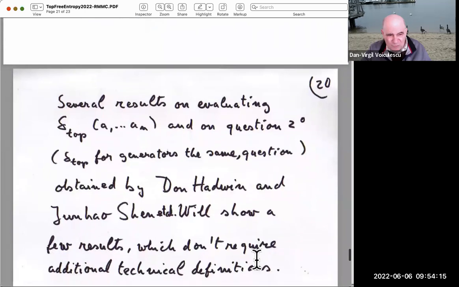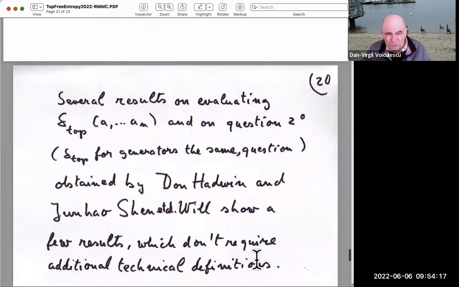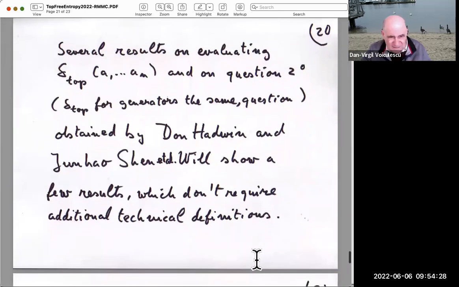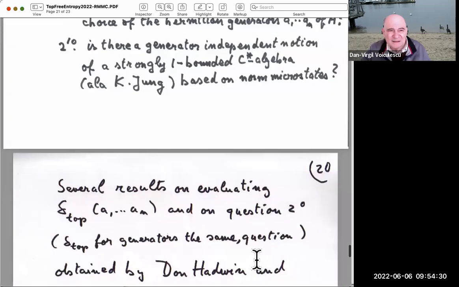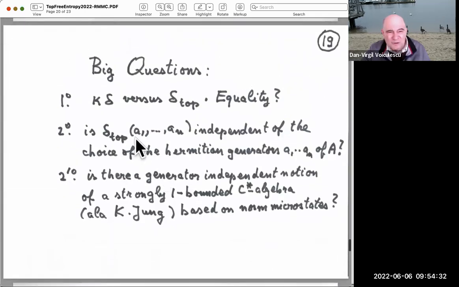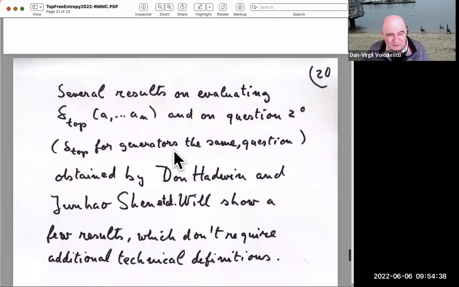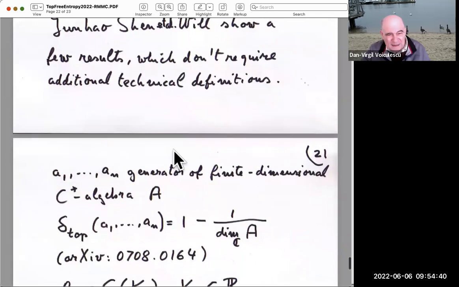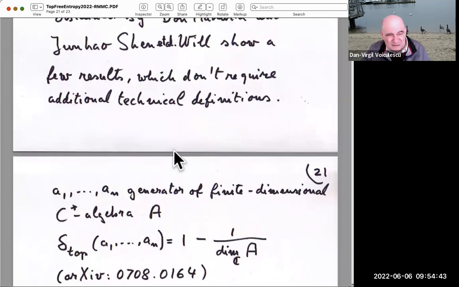And I want to show you a few of the simplest results, which don't require additional technical definitions. There are situations where one knows that, for instance, the topological free entropy dimension is generator independent, in some of the simplest cases.